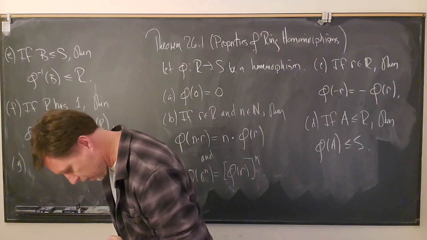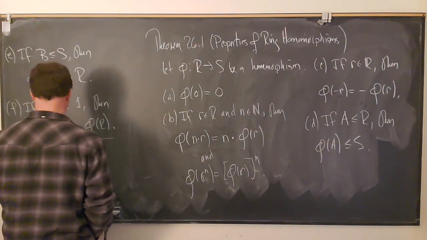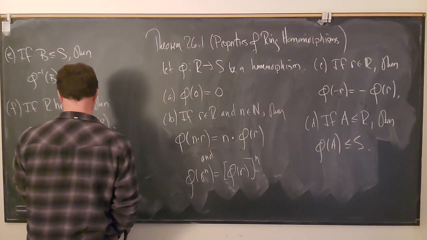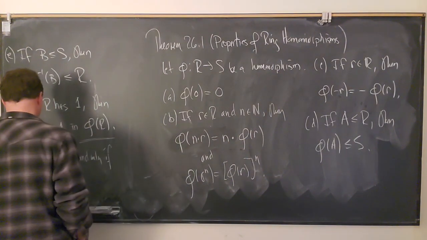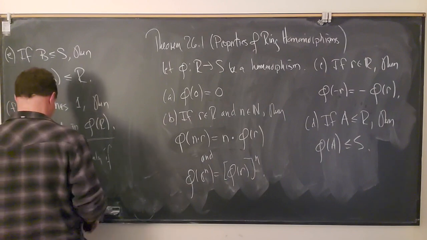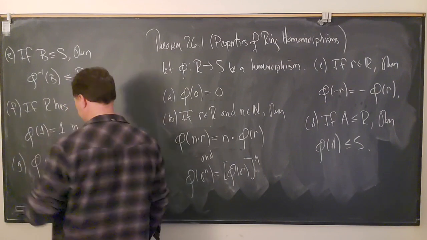Next one, so phi is 1 to 1 if and only if the kernel of phi is trivial.